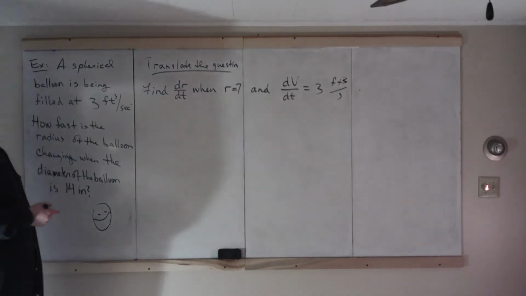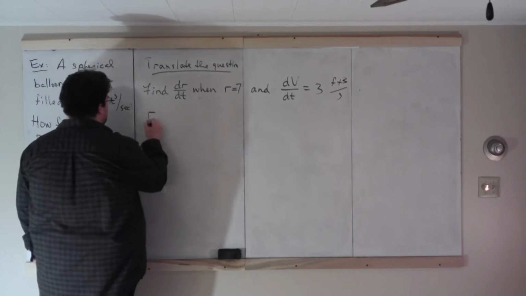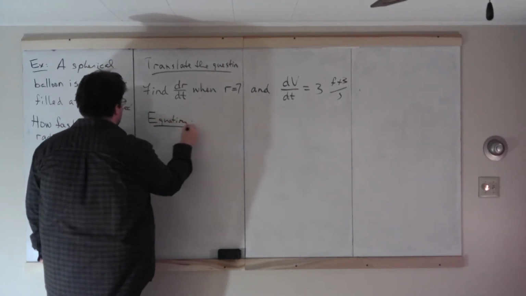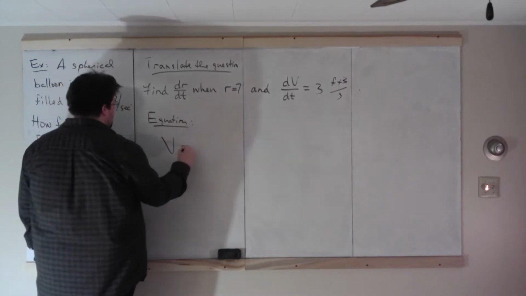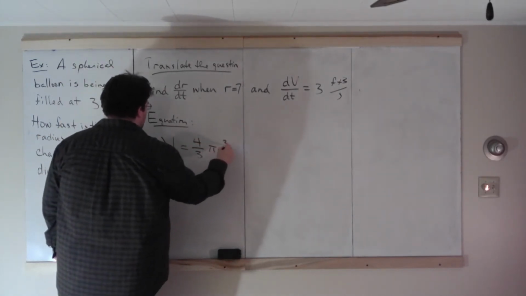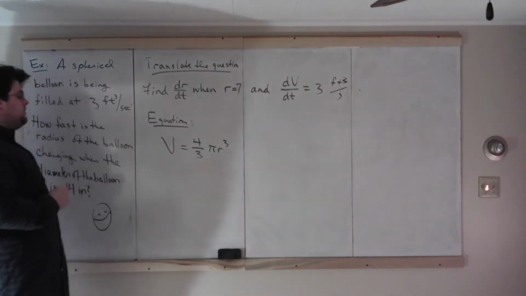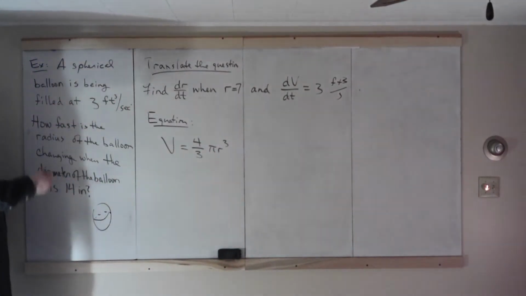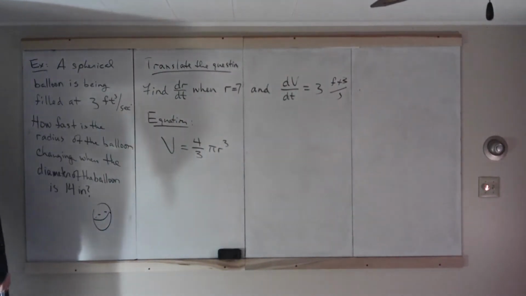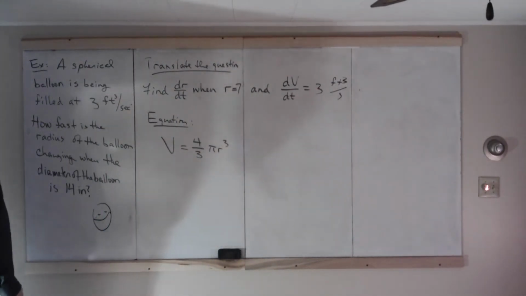Well, now we need an equation. Here, our equation is going to relate volume and radius. The volume of a sphere is 4/3 pi r cubed. Any volume or area formula that could show up, you'll see. If I put one you haven't seen on a test or something, I'll give you the formula.